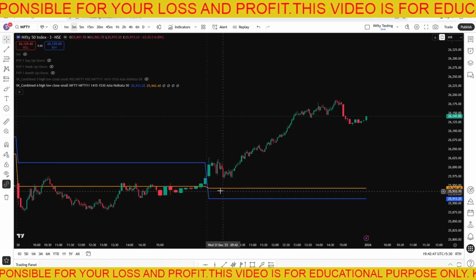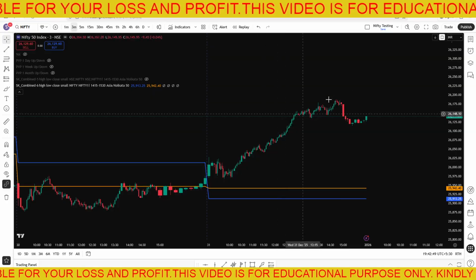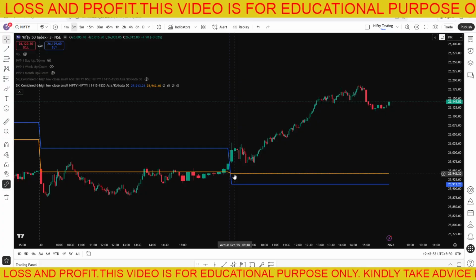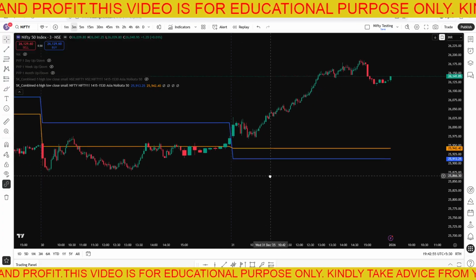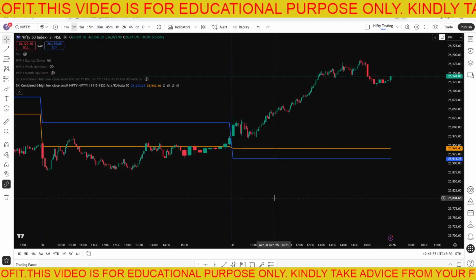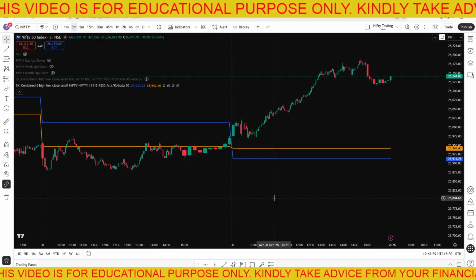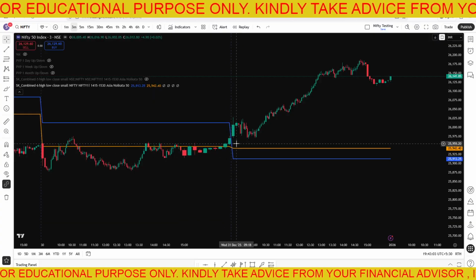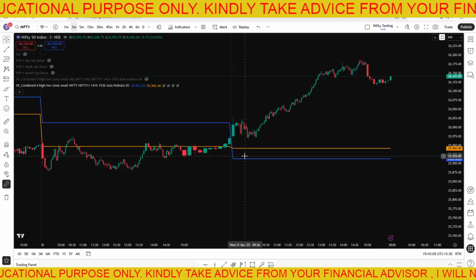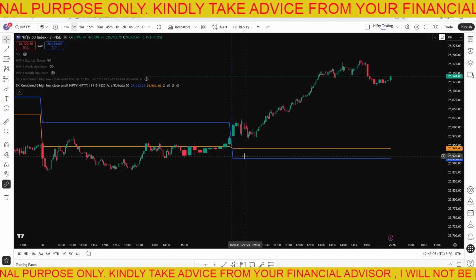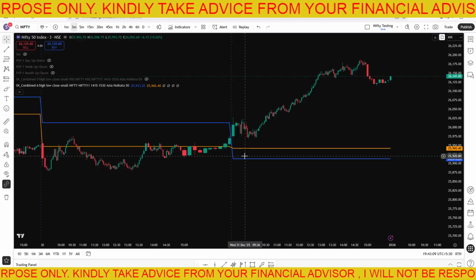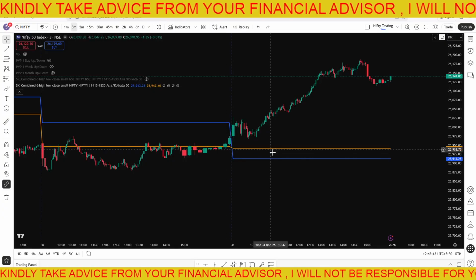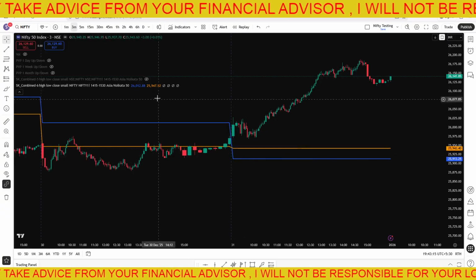If the price is above both the lines, then we are considering it to be bullish. If the price is below the line, we are considering it bearish. And if price is opening or closing below this, then there's some dicey things happening, so we need to wait for more confirmation. So the first component is this pivot.